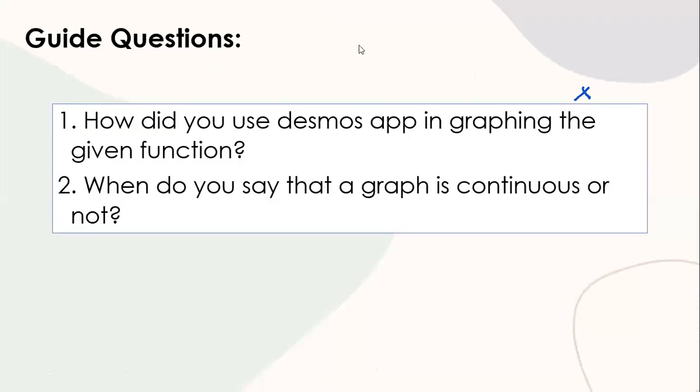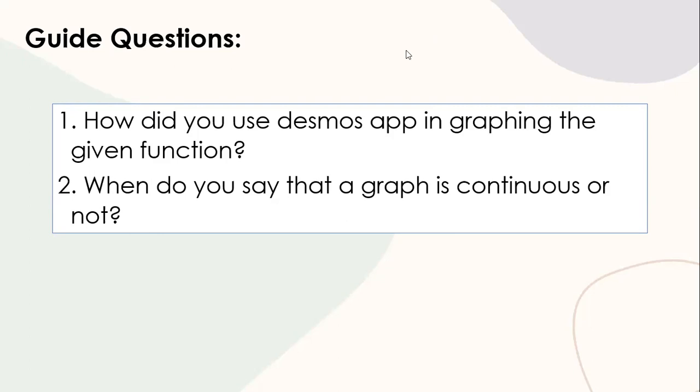So for our guide questions, we will be answering these. First, how did we use the Desmos app in graphing the given function? We just simply typed the given function, and the Desmos app already showed us the graph of our function. Second, when do we say that a graph is continuous or not?